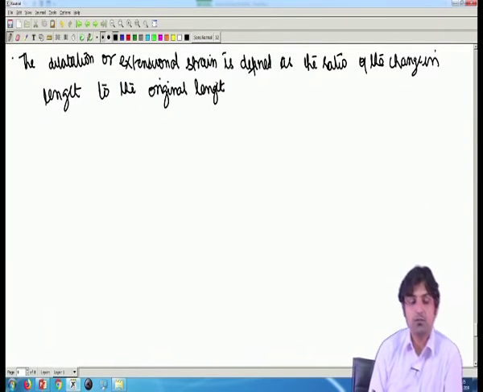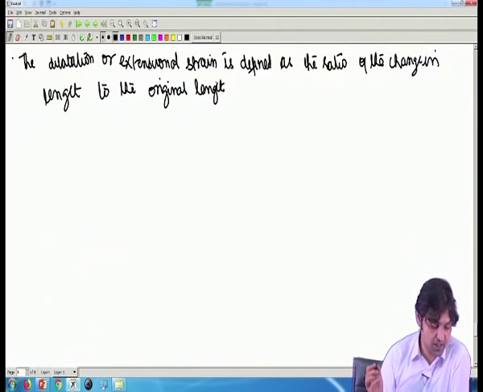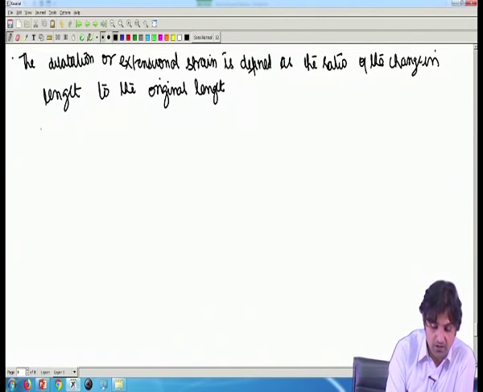This is a sort of a similar definition you would also remember from your thermodynamics class in class 12th, right.